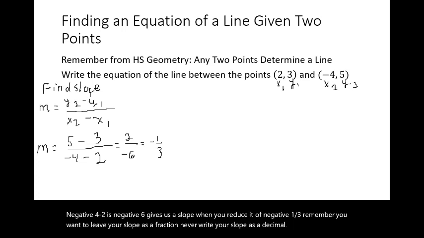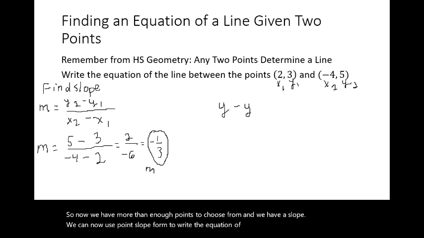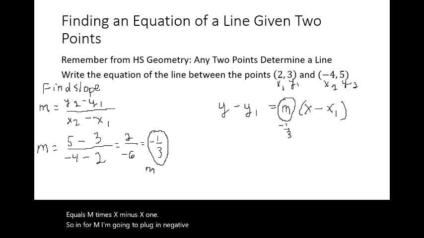So now we have more than enough points to choose from, and we have a slope. We can now use point-slope form to write the equation of a line. So y minus y1 equals m times x minus x1. So in for m, I'm going to plug in negative 1/3. In for x1, I'm going to plug in the x-coordinate of either of these points.